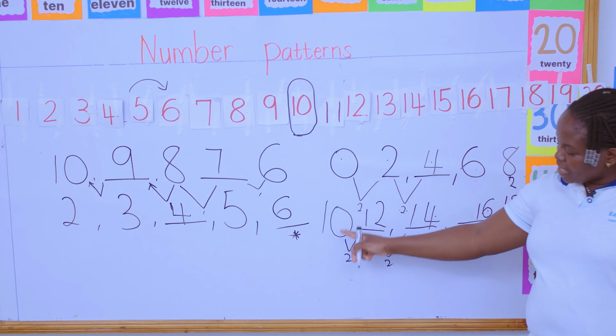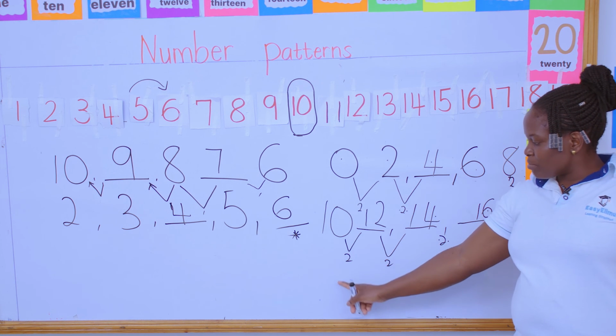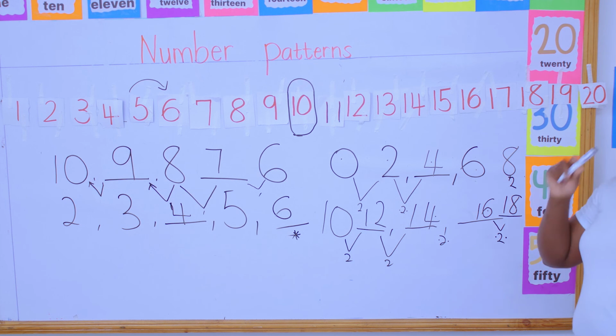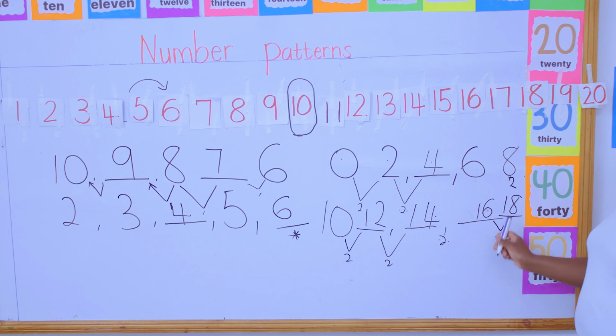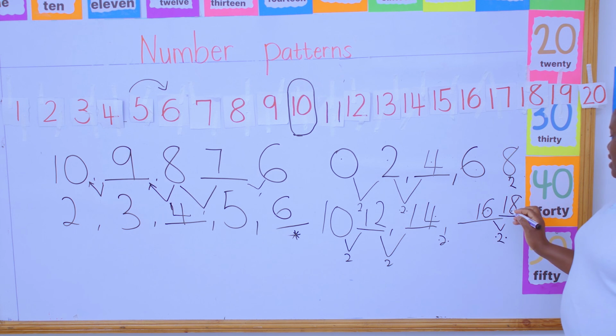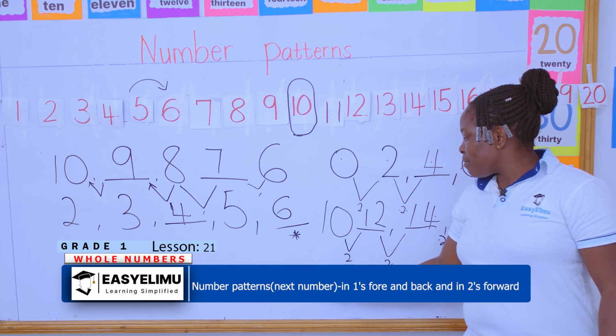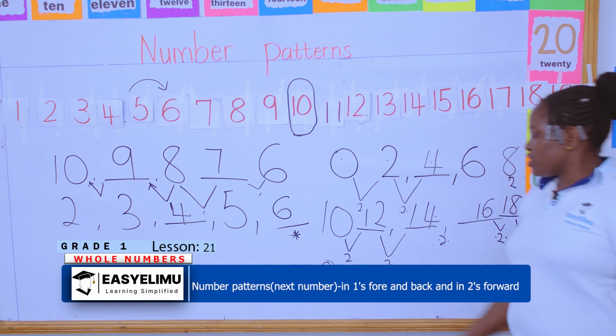Then when I come there again, the rule remains. The number that is in this position must have a 0. So if I increase 18 by 2, what will I get? I'll say 18. Then increase by 2, 19, 20. So my number here that must have a 0 is 20.